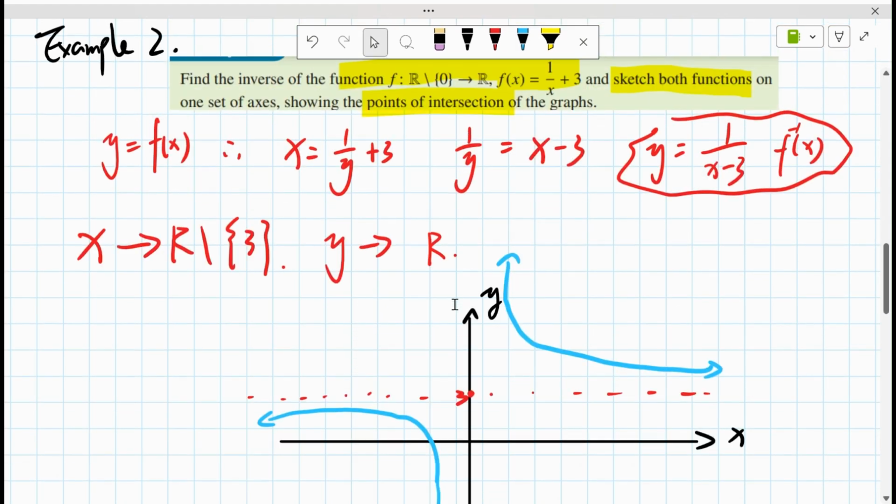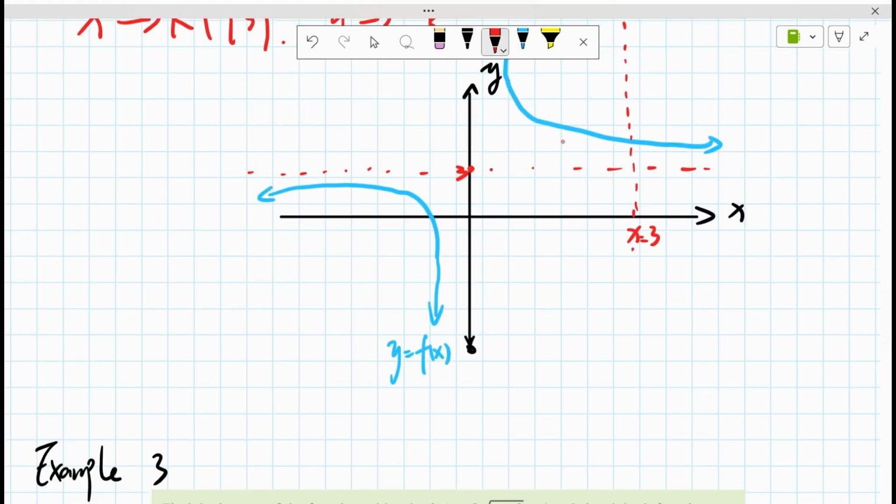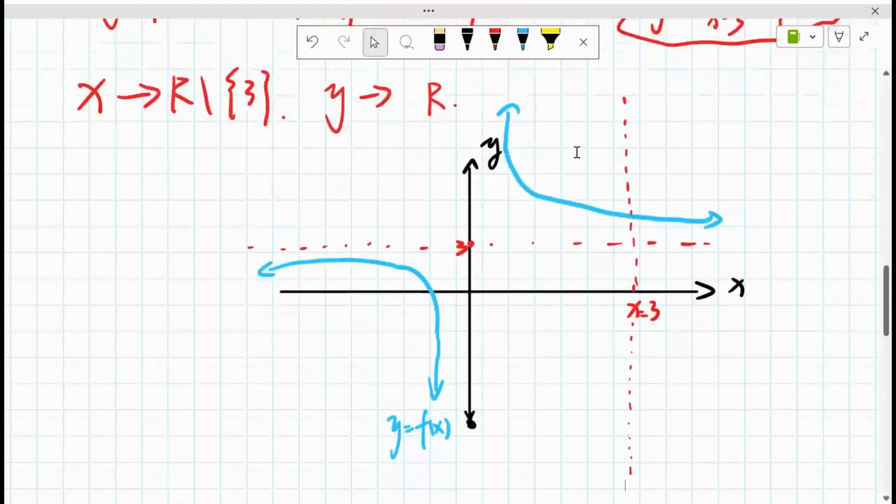Now let's do the inverse function, 1 over x minus 3. The vertical asymptote becomes x equals 3. Cross that out; that's your vertical asymptote, a straight vertical line. Your horizontal asymptote is y equals 0.